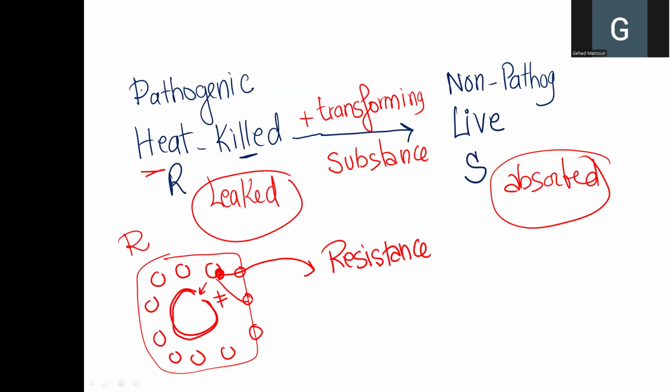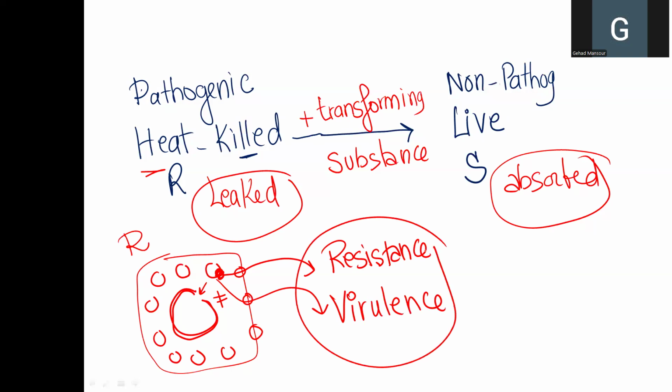And another important one that is relevant here is the gene for virulence. So a very important point to retain is that genes for resistance against antibiotics and genes for virulence, or causing serious disease, are carried on plasmids and not on the main DNA, and therefore they can be transferred.